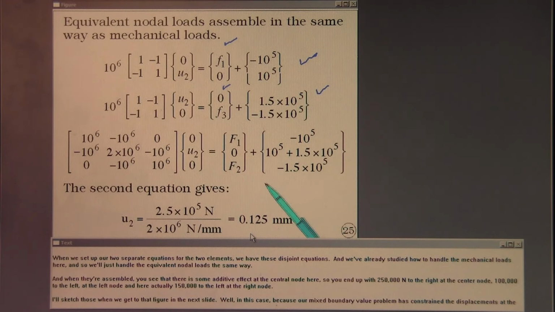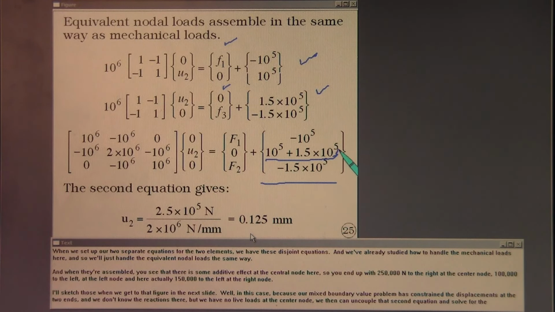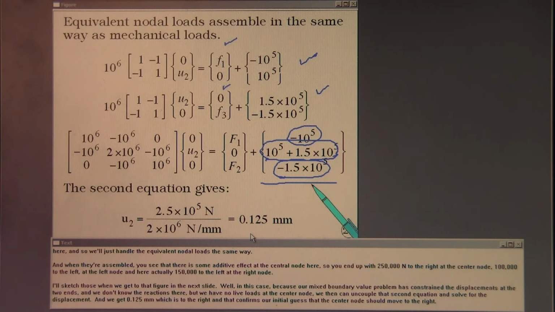When they're assembled, you see that there is some additive effect at the center node, so you end up with 250,000 newtons to the right at the center node, 100,000 to the left at the left node, and 150,000 to the left at the right node. I'll sketch those when we get to that figure in the next slide.